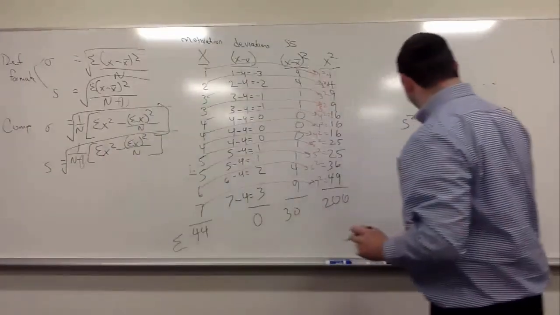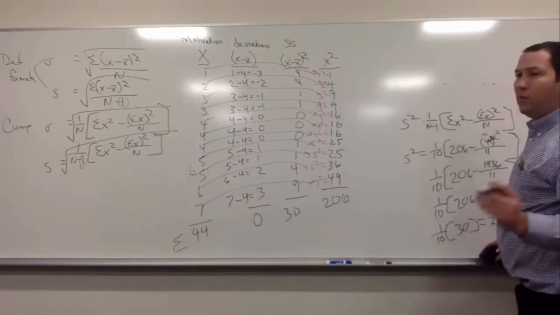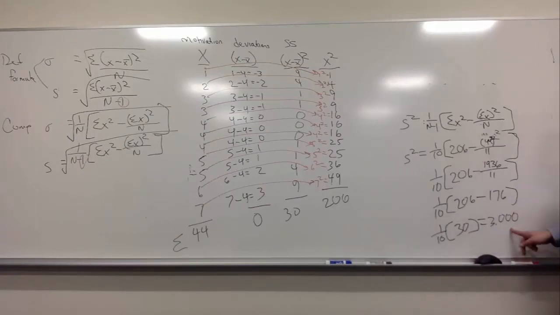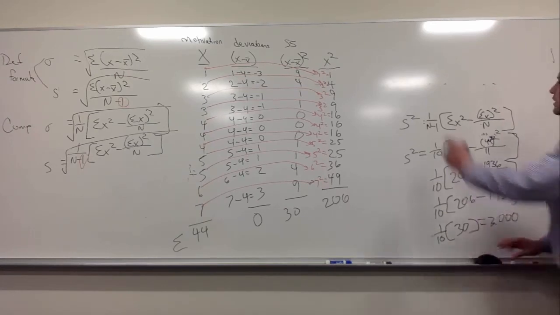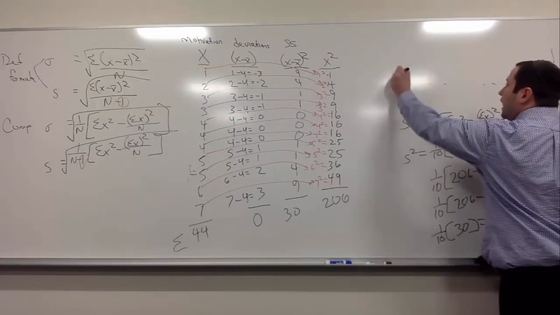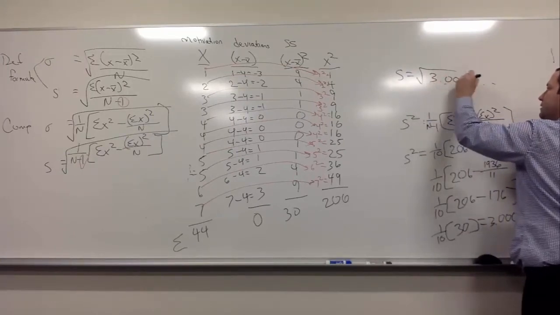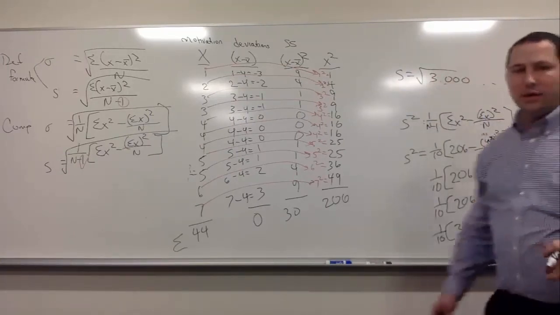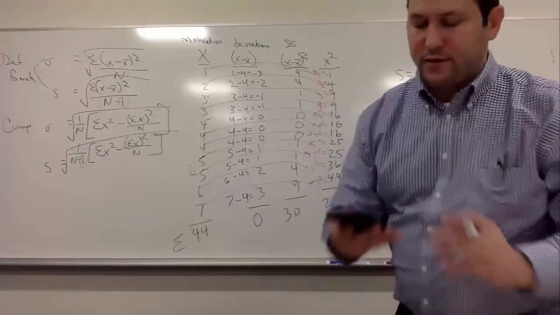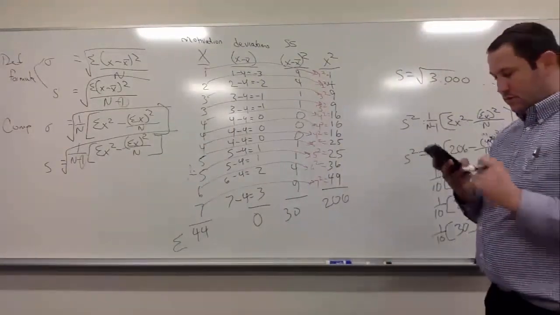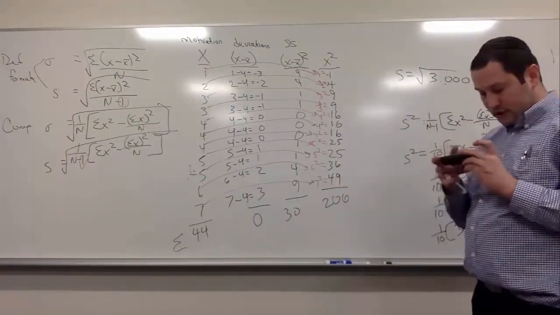So if I were to do that over here, what would this sample standard deviation be? We take the square root of 3.000. Does anyone know what the square root of 3.00 is? So let's crunch that.